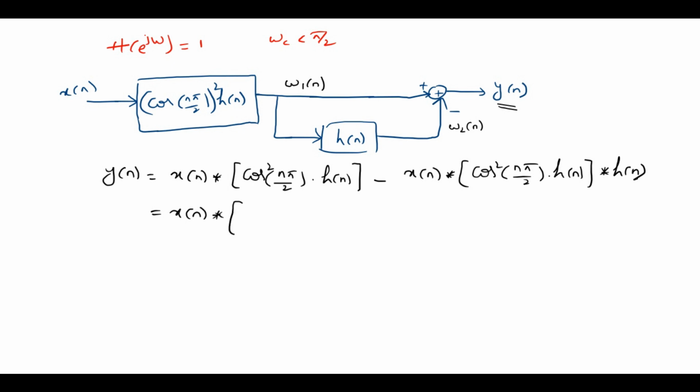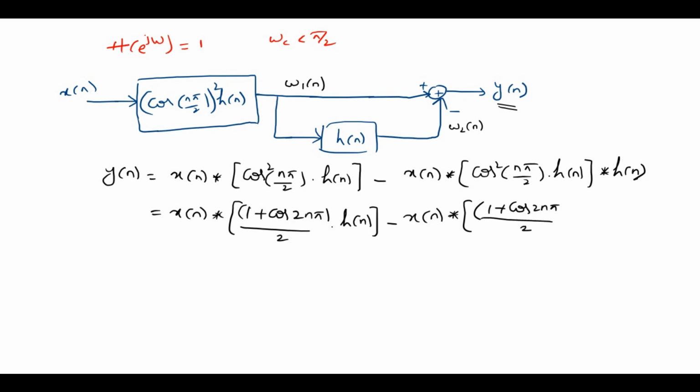So x of n is convolved with (1 plus cos 2 n pi) divided by 2 into h of n, minus x of n again convolved with (1 plus cos 2 n pi) divided by 2 into h of n, that is convolved with h of n again. I am taking this 1 by 2 out.